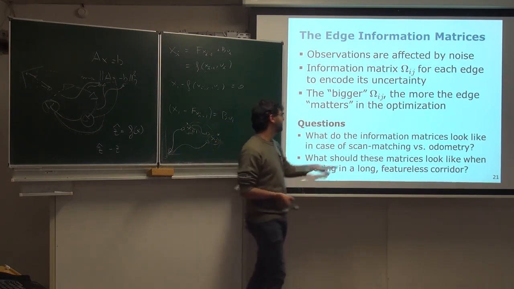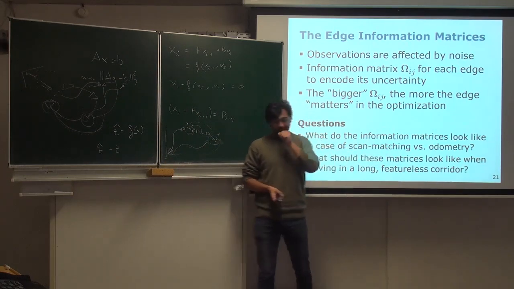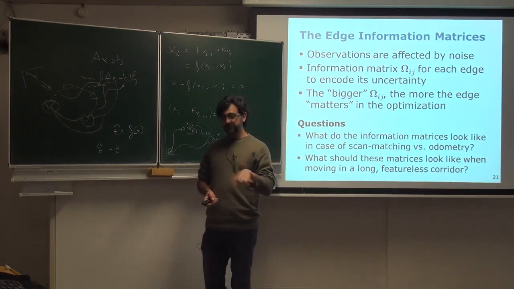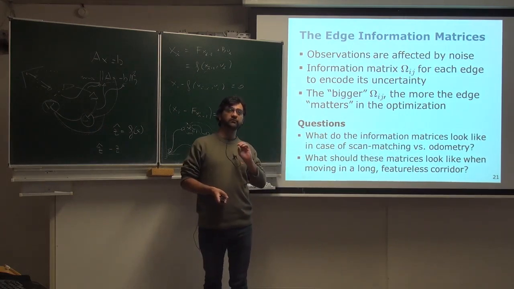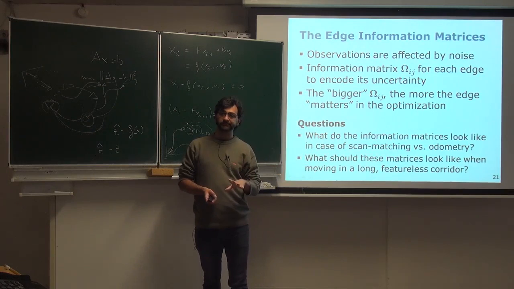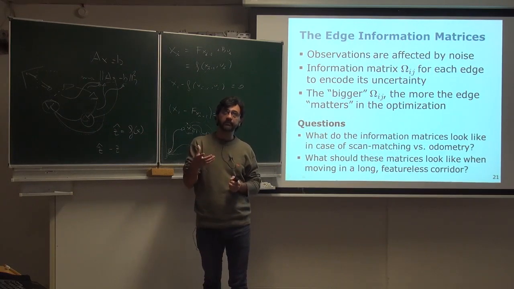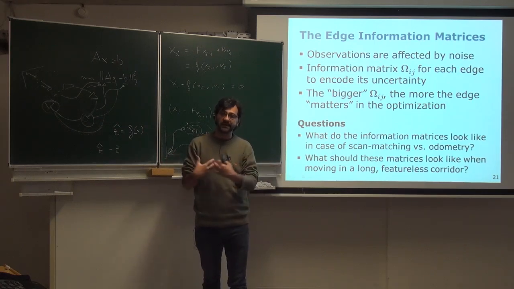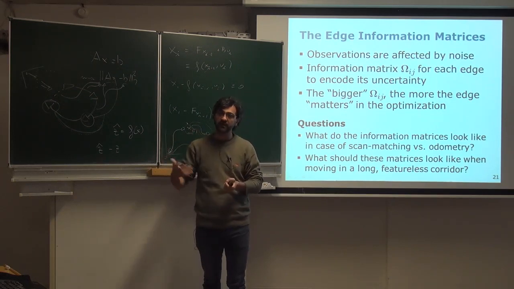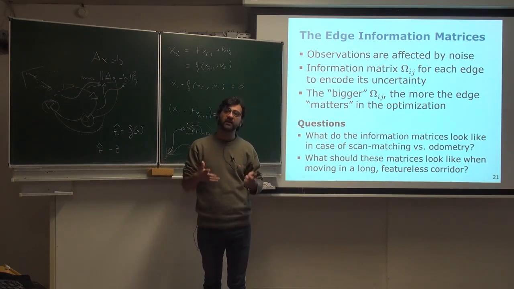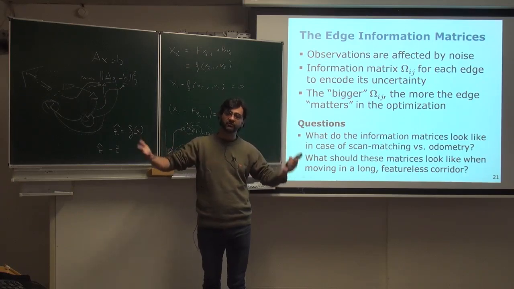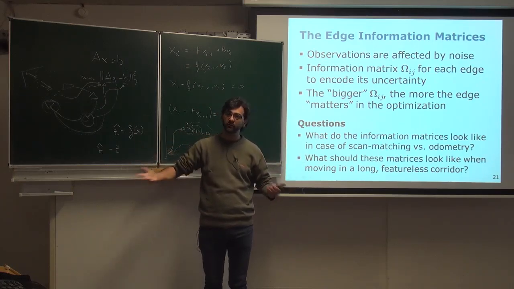But the important thing here is that the odometry information matrix does not strongly depend on the environment. The reason is that those are proprioceptive sensors, so they're just looking at what the robot is telling them. They don't care about what the environment looks like, so they will be roughly the same regardless of how much structure is in the world.